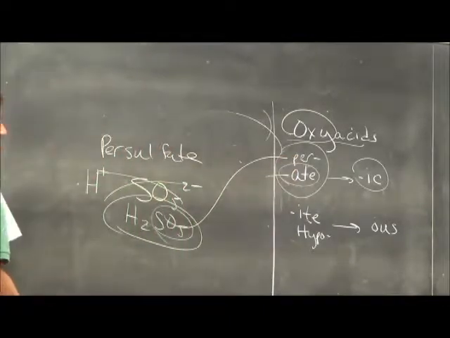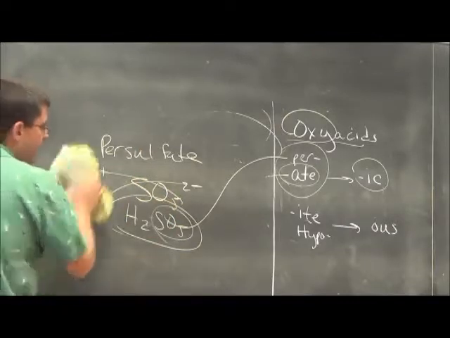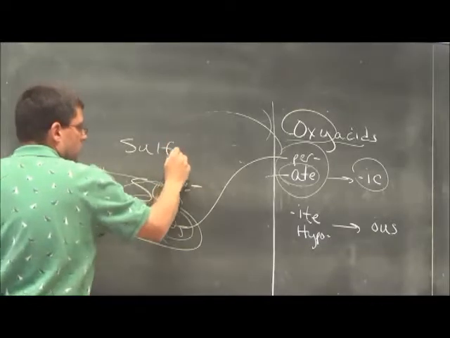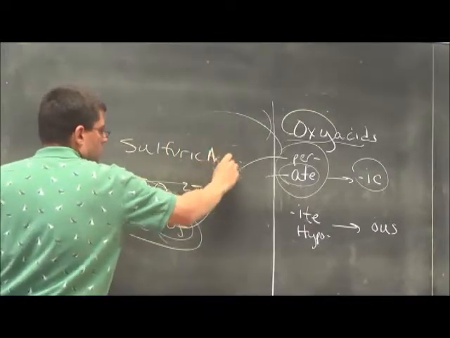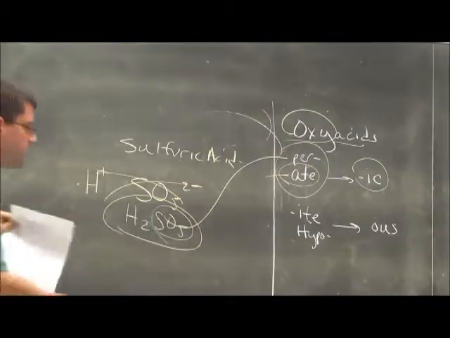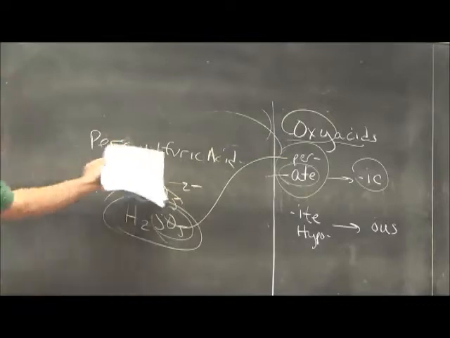What do we do? So now it becomes not sulfuric acid. It's not sulfuric acid, because that's H2SO4. How do we differentiate the extra oxygen? Per sulfuric acid.